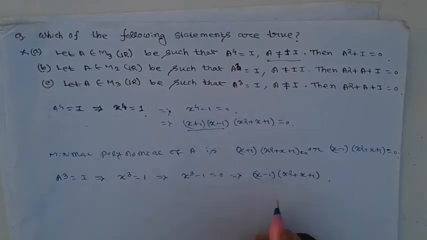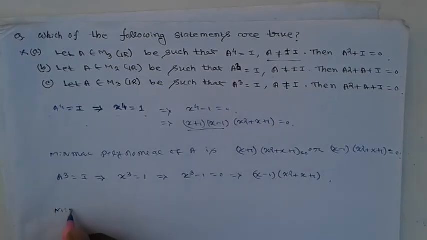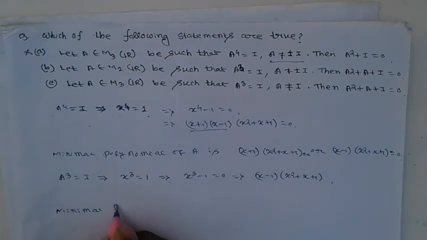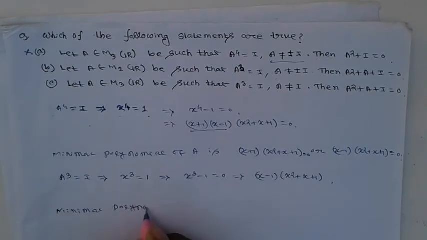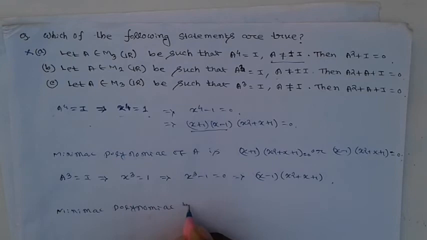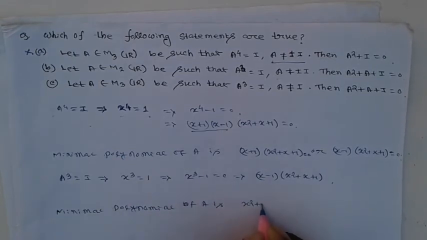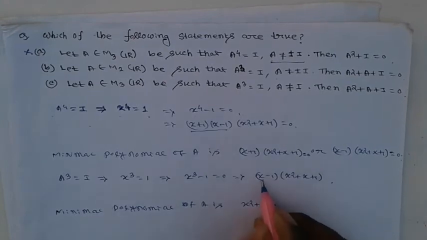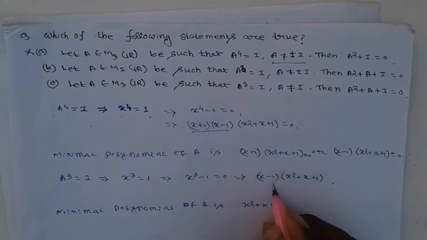So from this, the minimal polynomial of A is x square plus x plus 1, because x minus 1 is not minimal.